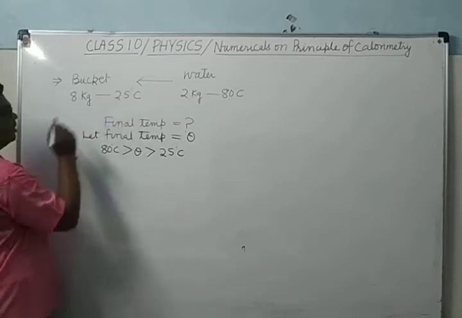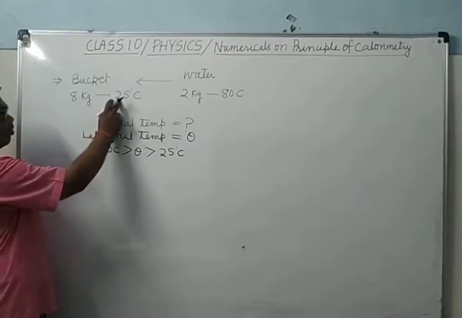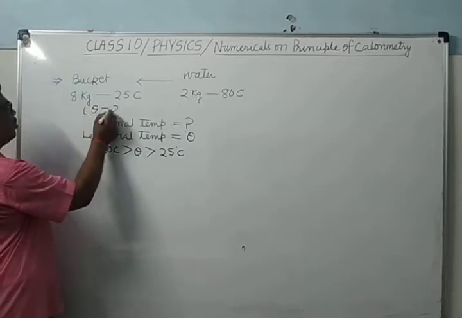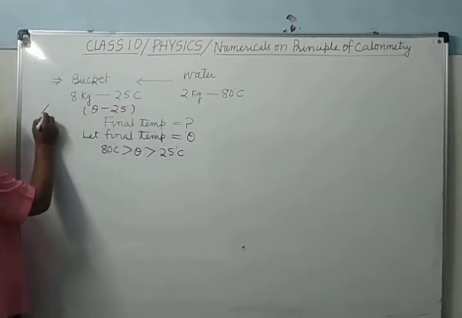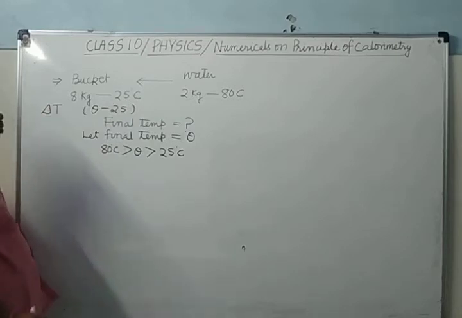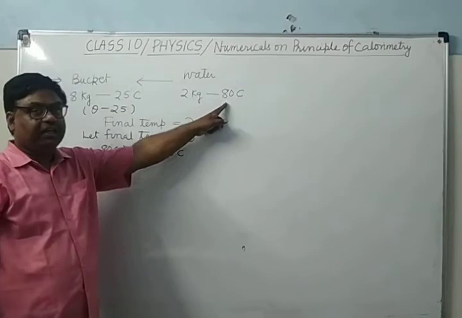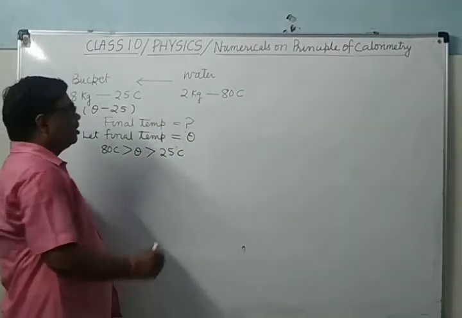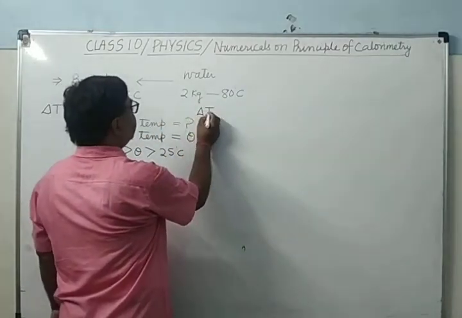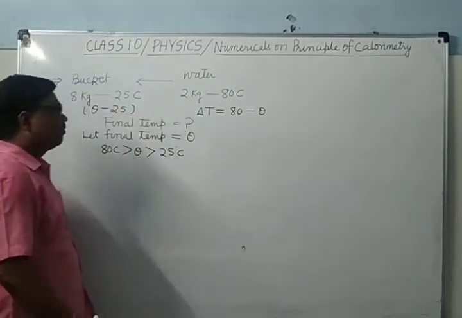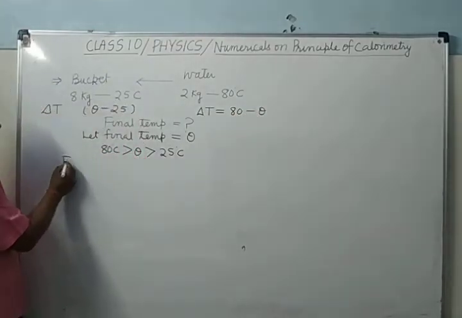So what is the change in temperature? Initially it was 25, finally it has become theta. So theta minus 25 will be delta T here. For the poured water, its temperature decreases from 80 degrees Celsius to theta. So what will be delta T? 80 minus theta.